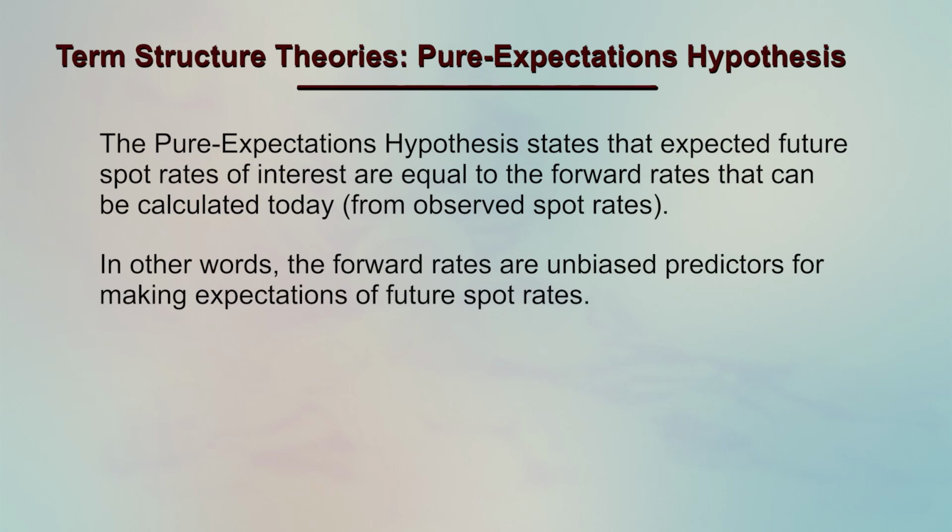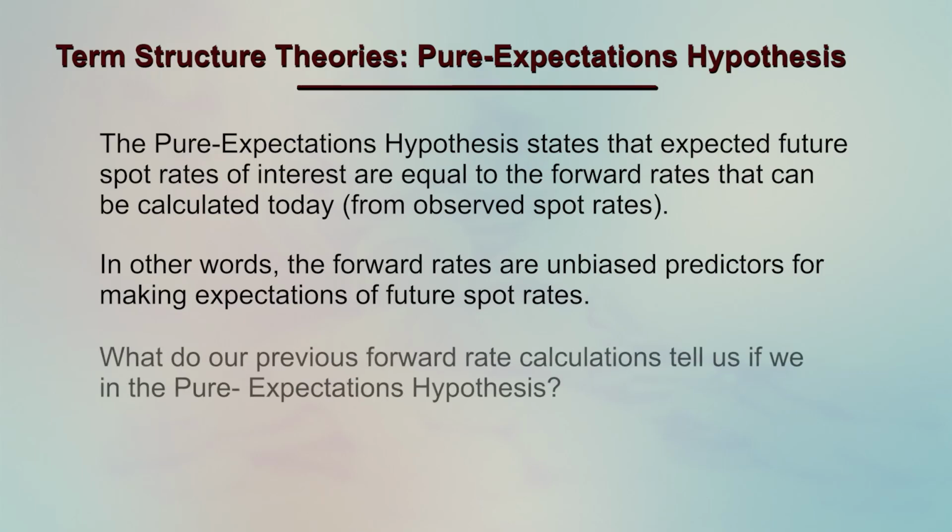In other words, forward rates are considered to be unbiased predictors of the expected future spot rates, because these unbiased predictors are important for estimating the model accurately. So basically, all our previous calculations tell us that if we believe in the pure expectations hypothesis, then we shall be able to evaluate the rates, whether spot rate or forward rate.